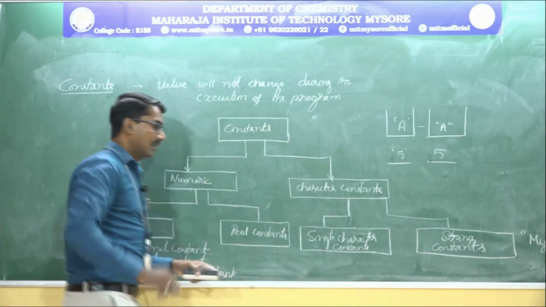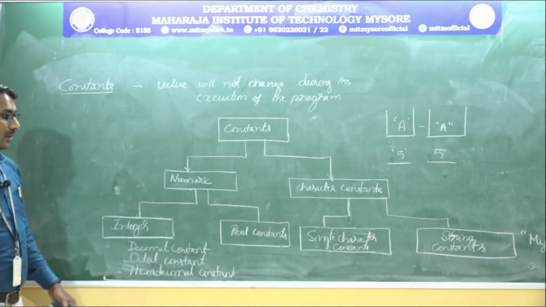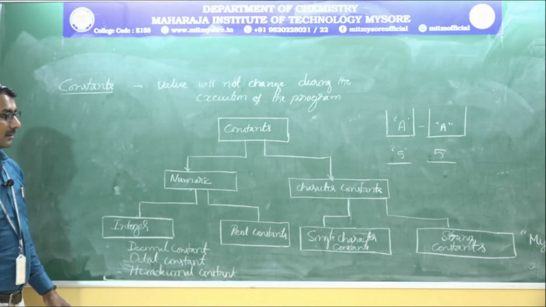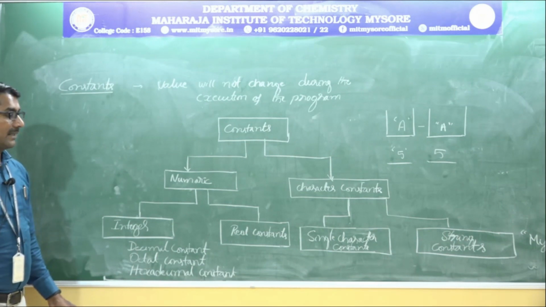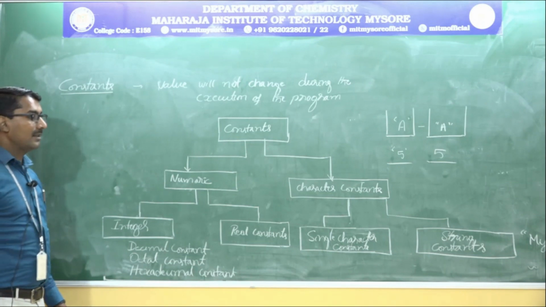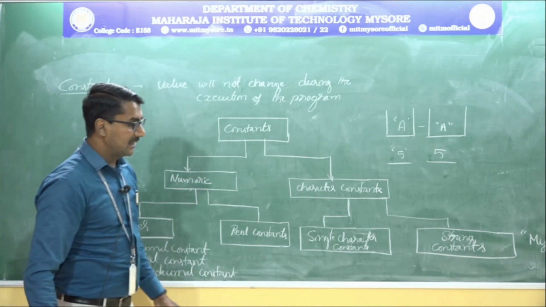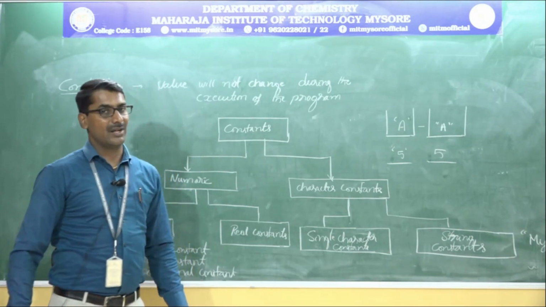Okay, that is about the character constant. The character constants are divided into two categories, single character constant and string constant. The character which is enclosed within a pair of single quotes is called a character constant. The character sequence which is enclosed within a pair of double quotes is called a string constant.